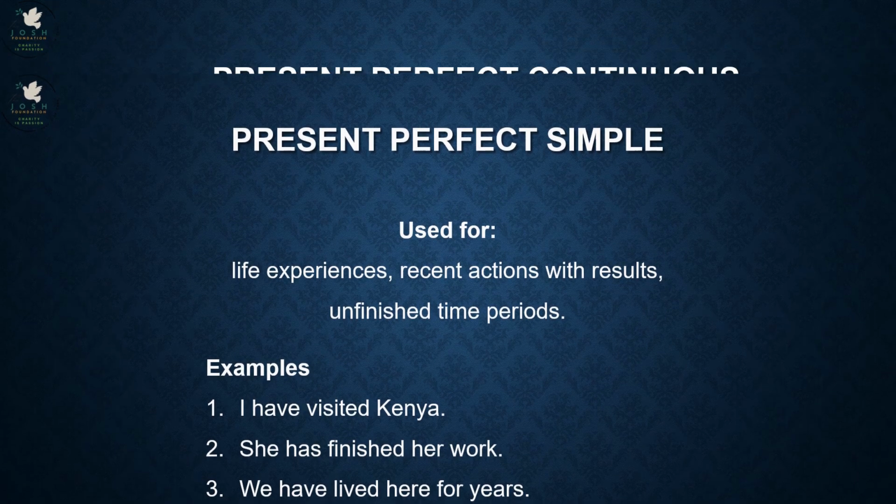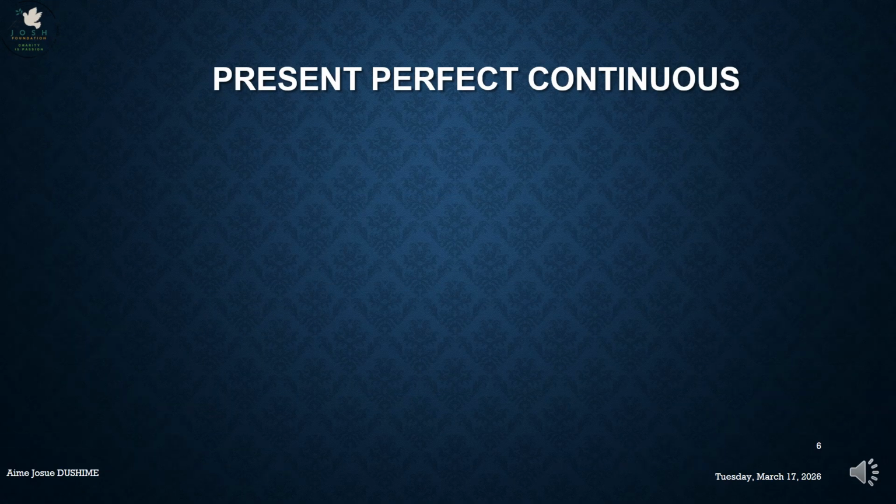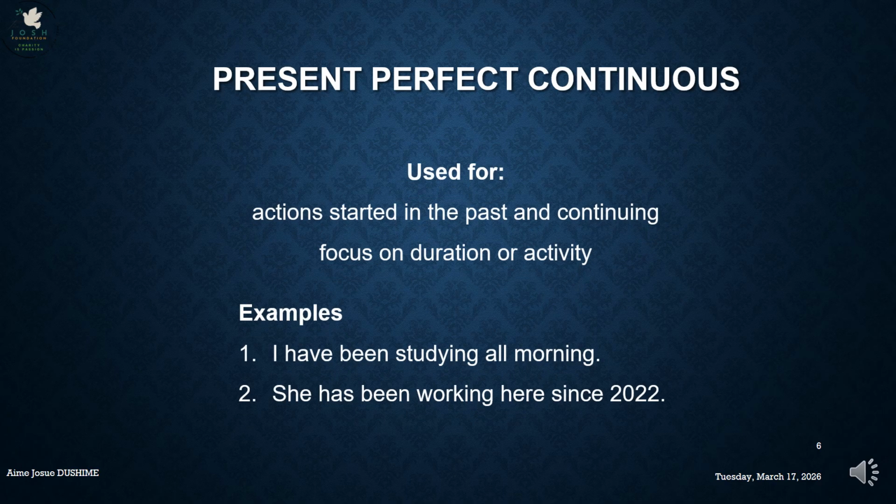That's it. Let's go to the present perfect continuous. Now, when we say the present perfect continuous, how does it work? The present perfect continuous is used for an action that started in the past and is still going on. The action started in the past and even now it is still going on.